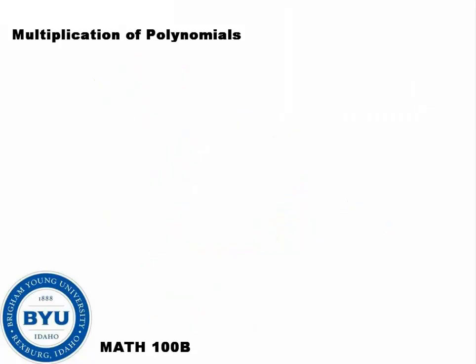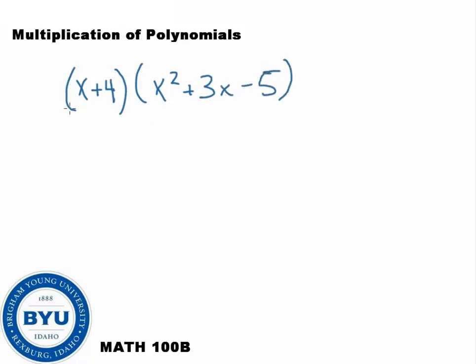So let me go ahead and do another example here. Let's say that we had x plus 4, and I wanted to multiply that into x squared plus 3x minus 5. Notice that this is a binomial times a trinomial. Again, we're just going to use the idea of super distribution. In other words, I'm going to take this x and work on distributing it into all the values of the other parentheses.